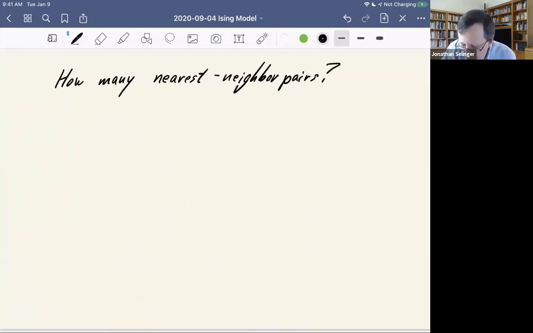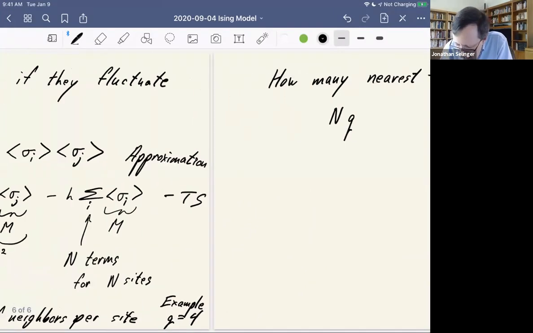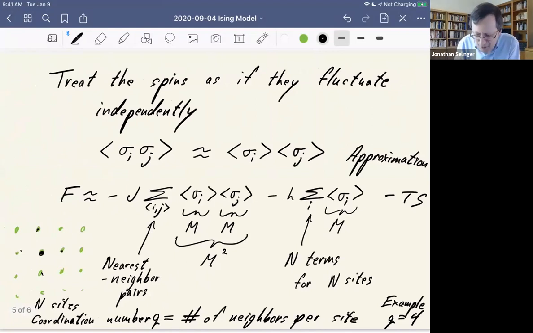Well, your first naive guess would be maybe it's N times Q. If there are N sites and each site has Q neighbors, actually that's slightly double counting, because if we look at this pair, we could say this guy is a neighbor of this guy, but we could also go backwards and say this guy is a neighbor of that guy.